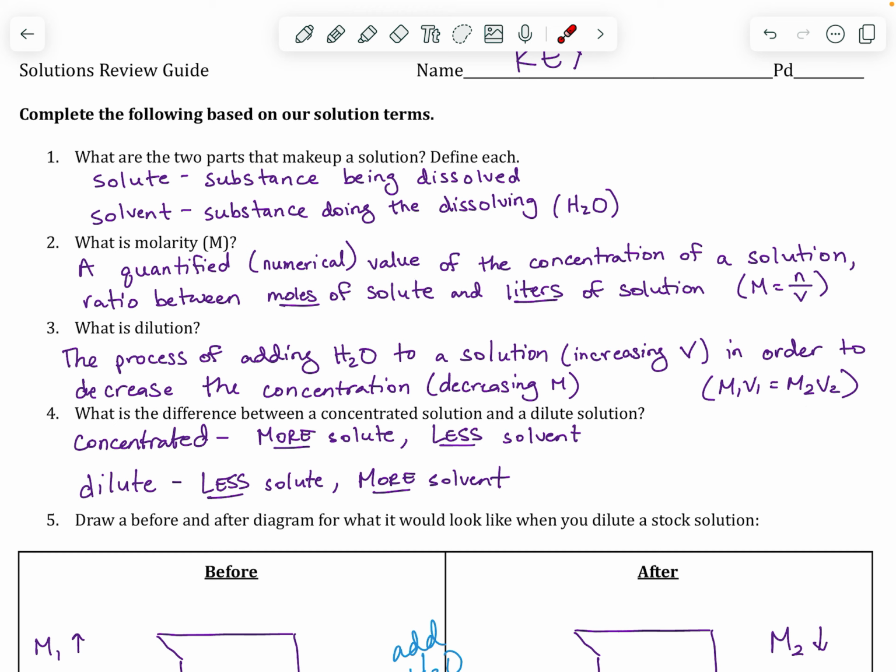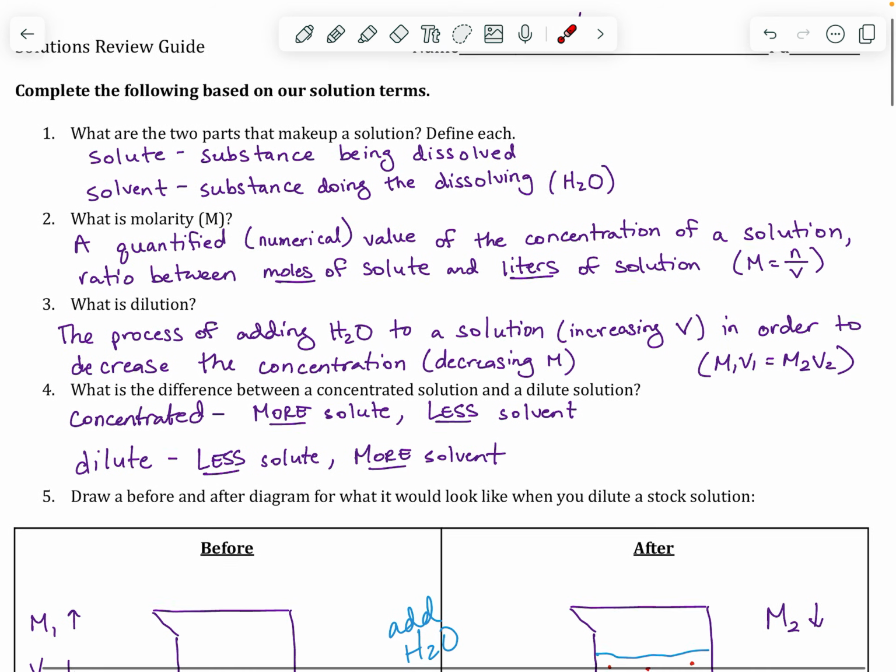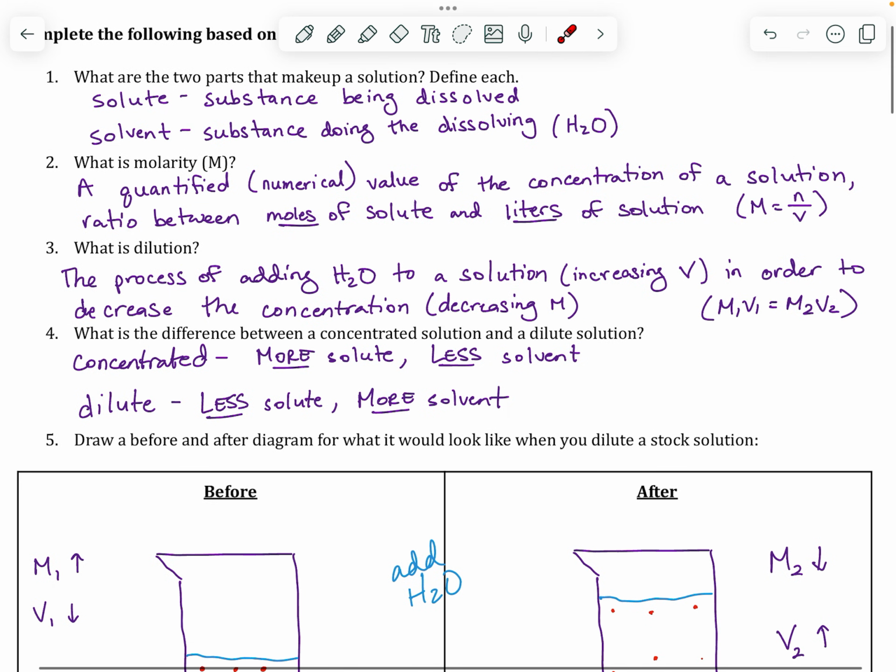All right, and we had talked about dilution being effectively watering down our solutions. And so going off of that, if we have something that's more concentrated, there's more solute compared to solvent. So think of our Kool-Aid lab. The beginning solution that you had was the first scoops that you put in the first amount of water, and then you went and you diluted it.